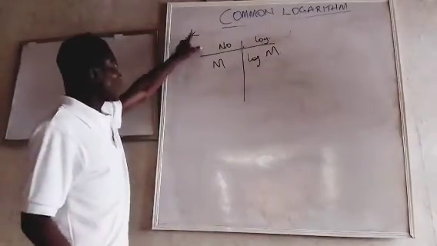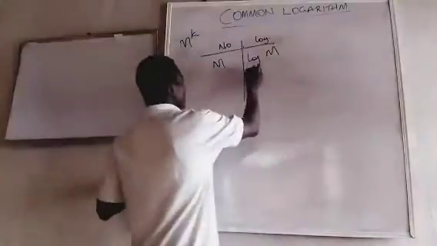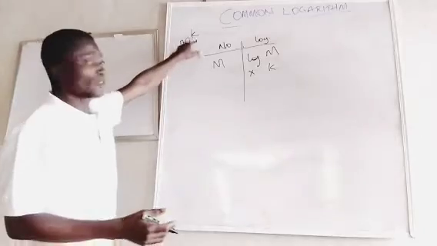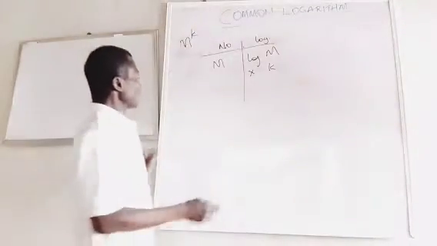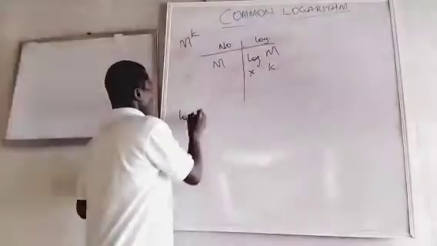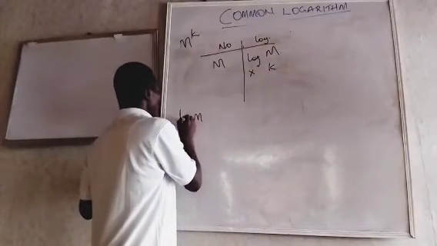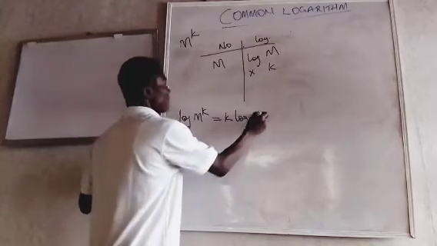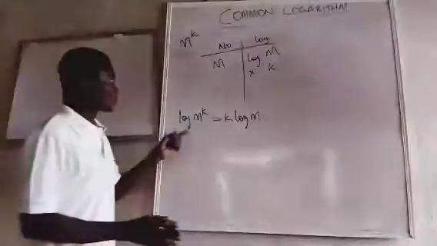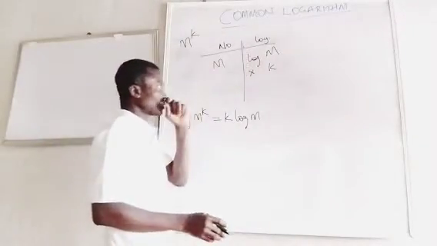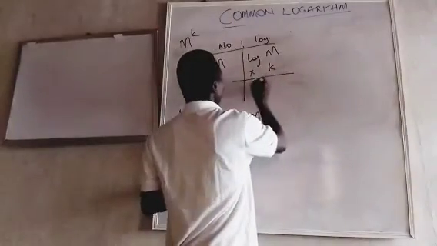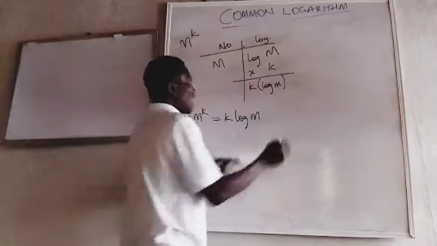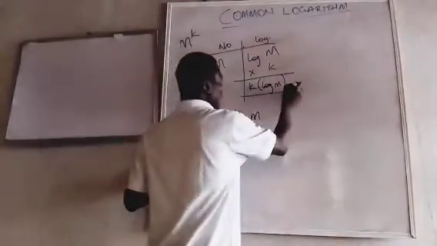Because we are raising it to power k, we multiply by k. You remember, for logarithm, log m raised to power k, for any base, and now this is applied to base 10, will be k times log m. After we have gotten this, we get our answer.